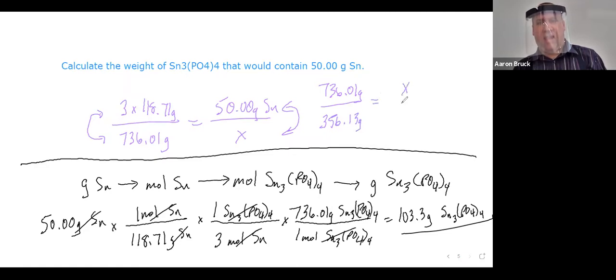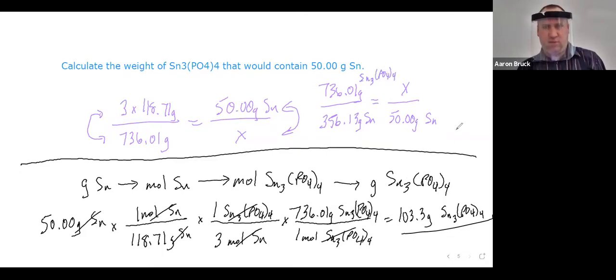And that is equal to X over 50 grams of tin. And so now, since the X is in the numerator, I just need to multiply both sides by the 50 grams.